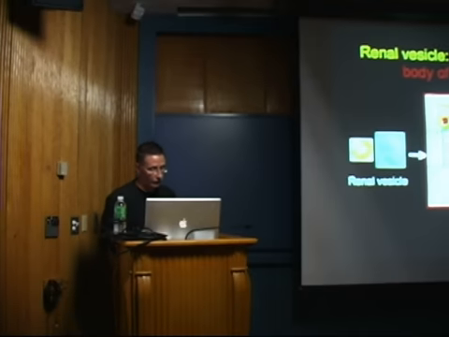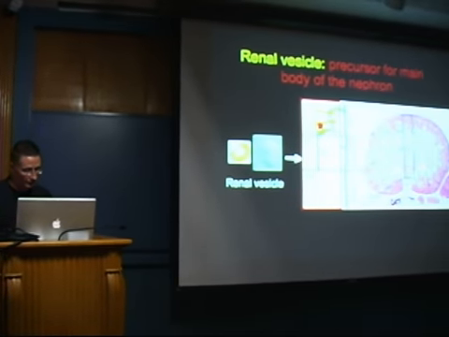So let's take the developmental biologist's approach then, and ask the simple question, how do we form a nephron? Well, the nephron forms from a simple epithelial vesicle structure called the renal vesicle.